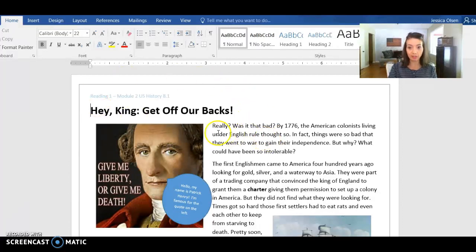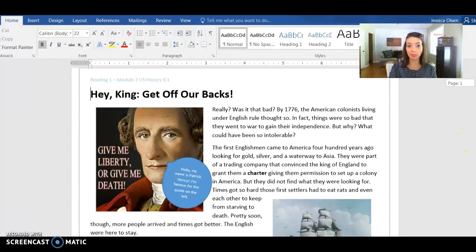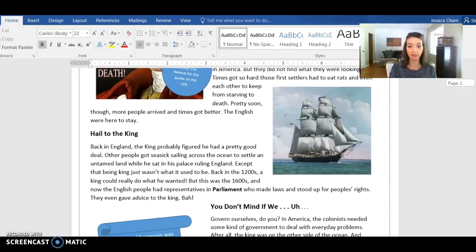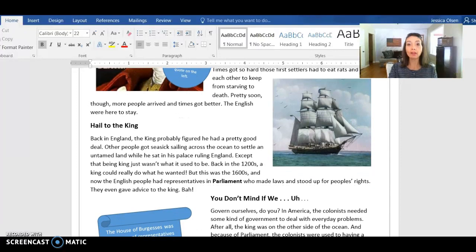So you are going to start out reading these first few paragraphs, and I am going to scroll down. It gives you background information about where they were coming from and why they were leaving Britain, the kind of conditions that they were living under, and the rules that they had to follow in England.